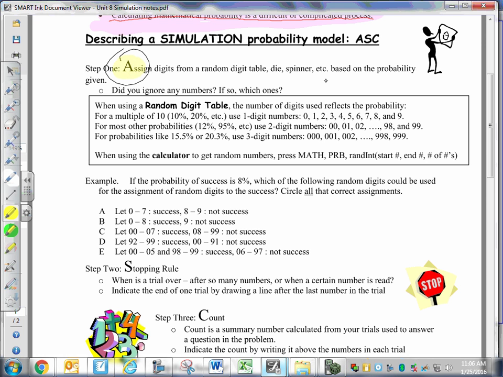And if we have probabilities that are multiples of 10, like a 50-50 chance or a 60-40 chance, we can use a 1-digit number from 0 through 9.